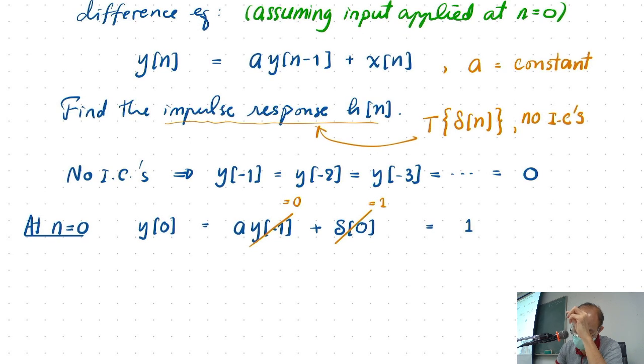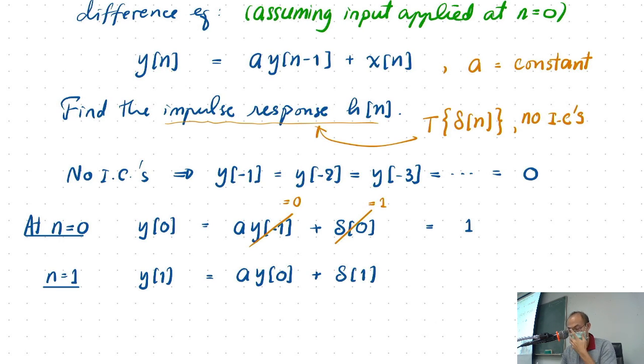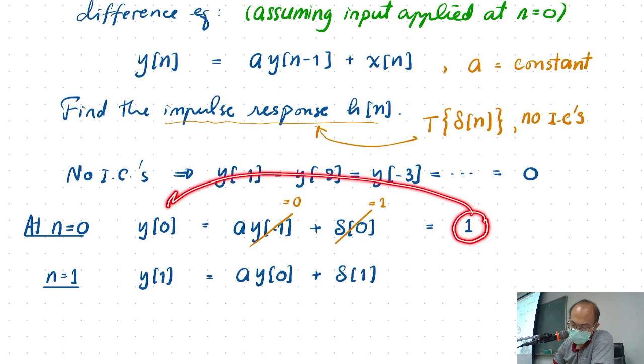Now at n equal to 1, y at 1 is a times y at 0 plus delta at 1. I plug in n equal to 1 here. Now y at 0, we can look here and we see that it is 1, right?